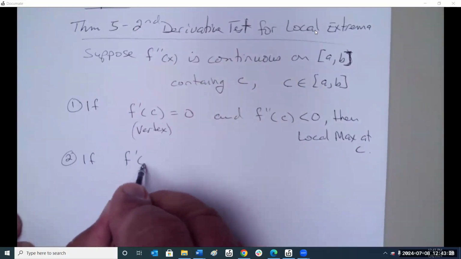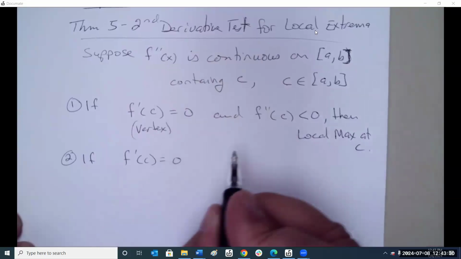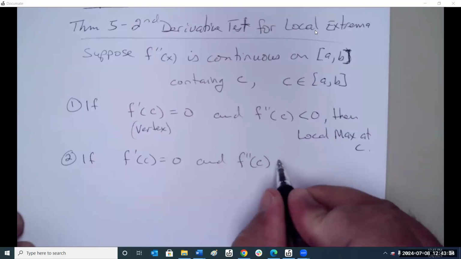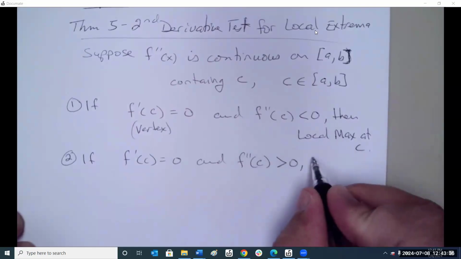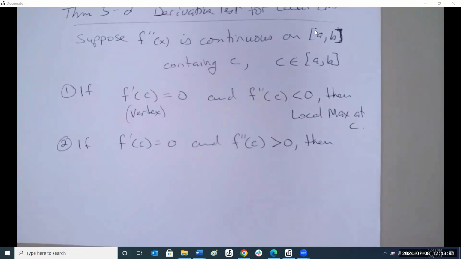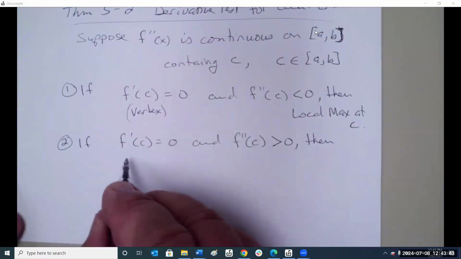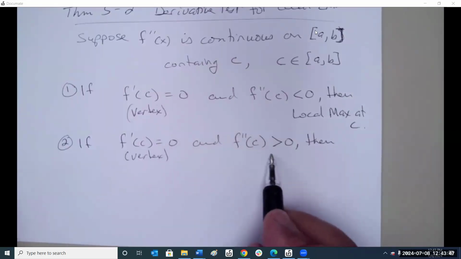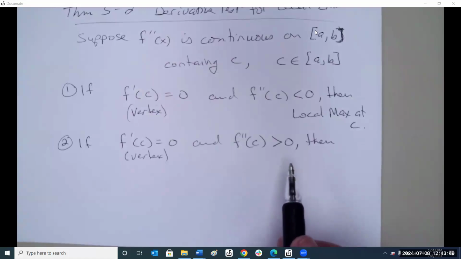If the first derivative at C is equal to 0, and the second derivative at C is positive, so we have a vertex, the second derivative is greater than 0, so it's positive, so it's opened up.